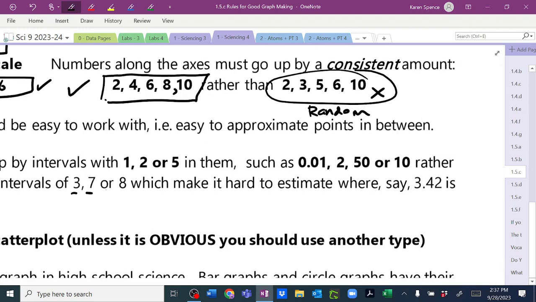If you go 7 and then your next number is 14, then you're going to have to figure out where 9 is. That's a harder thing to do on that scale. So we try to go up by nice normal numbers, nice tidy numbers. Don't go up by 13s, that would be ugly.